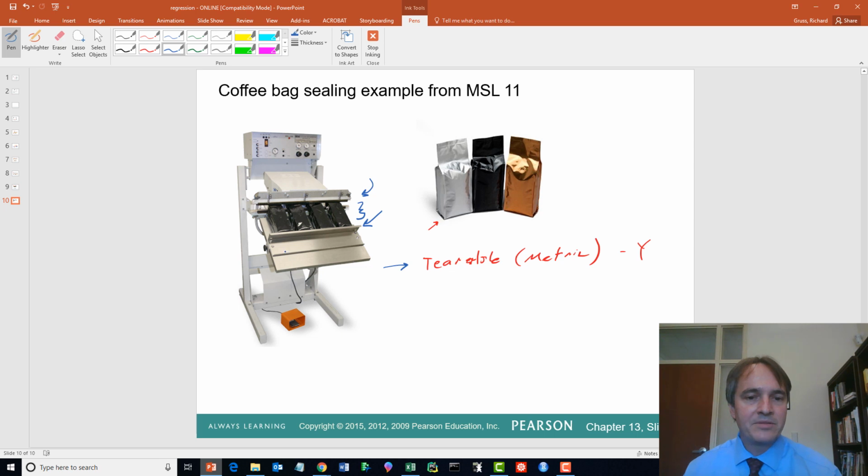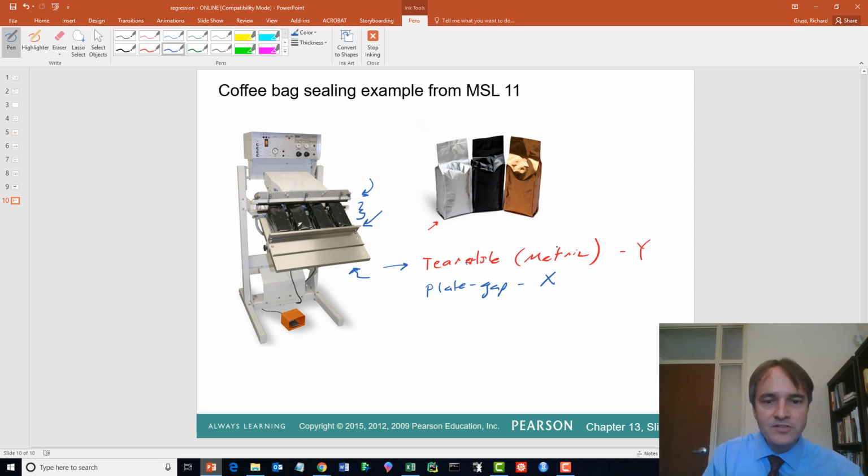So the gap on their sealing equipment, and its effect on how rippable these bag liners are. Okay, so that means that the plate gap is the x variable. I just put these here because the problem is very abstract when it's just on the page, and it's hard to really understand what's going on here. But basically they just want to see, well, are there some adjustments that we can make to how we seal these things, that will make it less likely for them to tear.